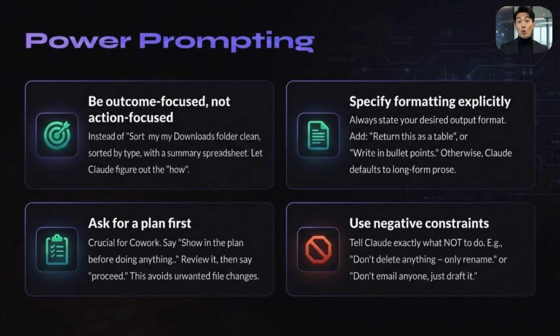Second, specify your exact format. Third, always ask for a plan before it executes. This is crucial to avoid unwanted file deletions. Fourth, use negative constraints, explicitly stating what it should not do. And finally, provide examples. One good example template beats 3 paragraphs of complex instructions.